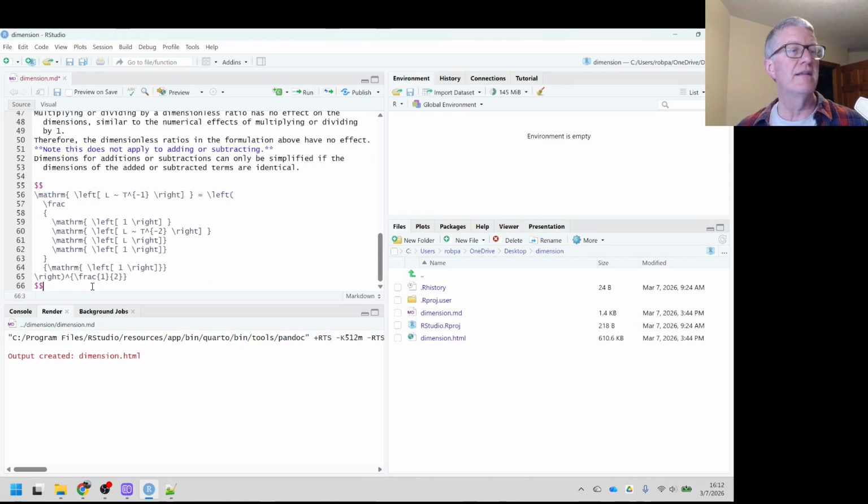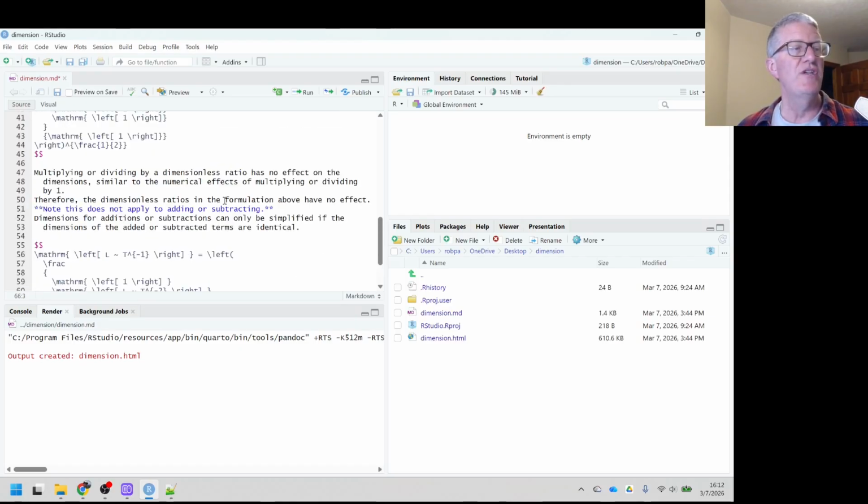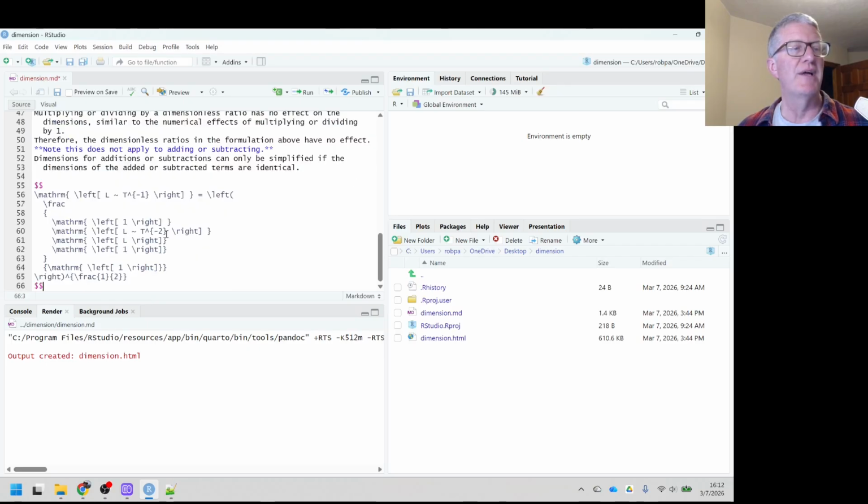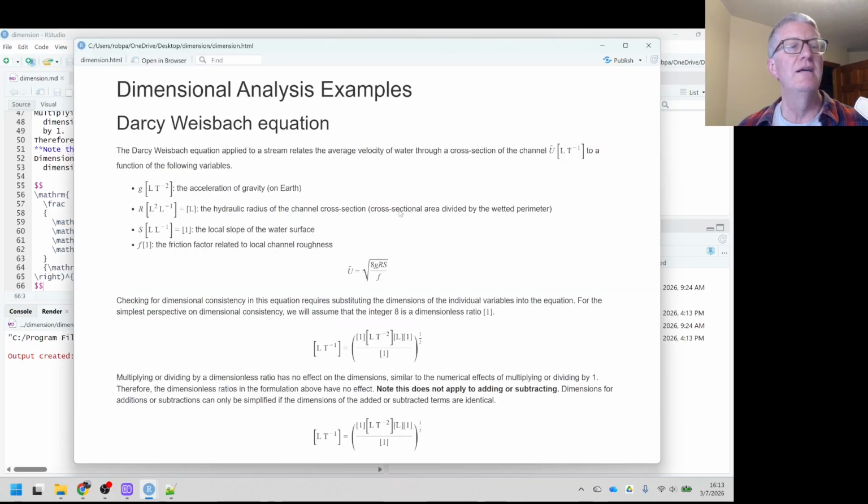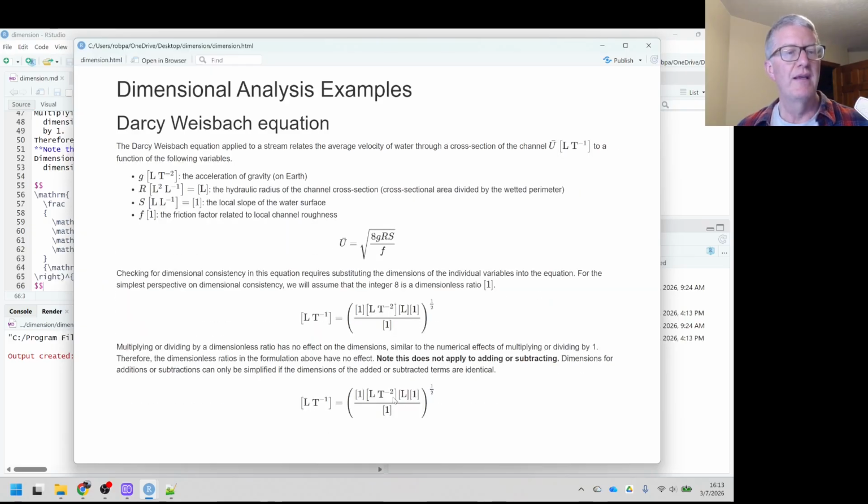based on this logic. And as I mentioned here, the first thing that happens is that anytime you multiply or divide by a dimensionless number, then that number goes away. So let's take a look at our equation. And what we're saying is that multiplying or dividing by a dimensionless ratio doesn't matter, doesn't change anything.